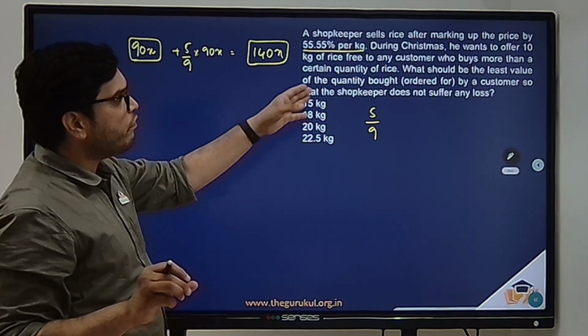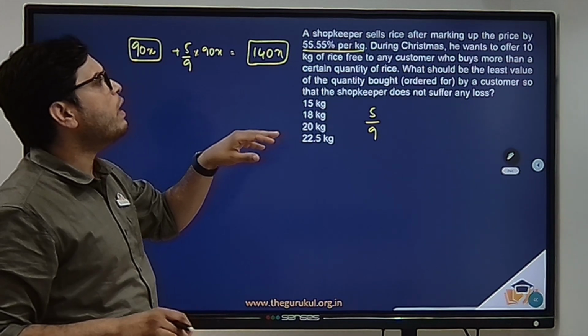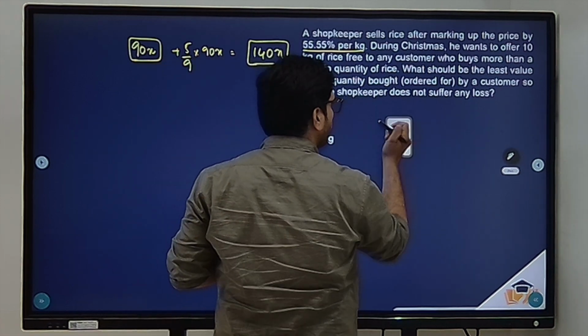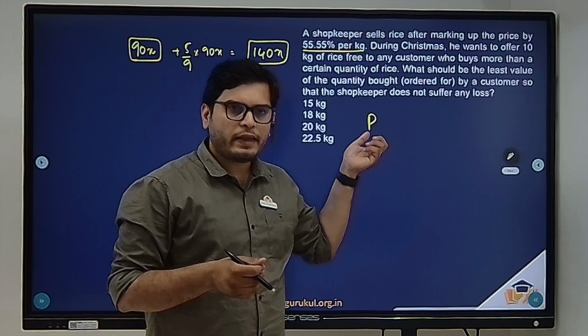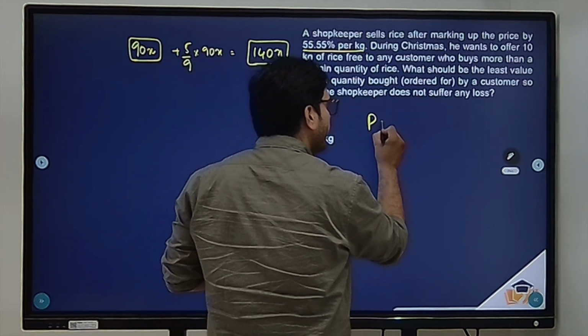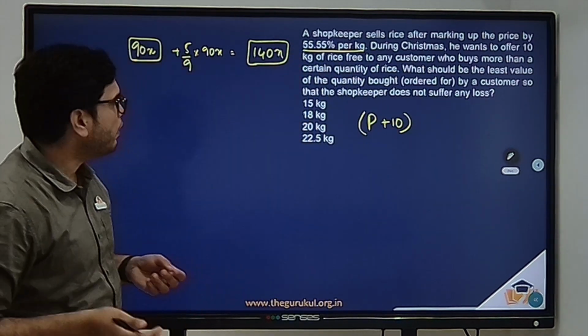Now during Christmas, he wants to offer 10 kg of rice free to any customer who buys more than a certain quantity of rice, right? Let that quantity be P. Okay, when you purchase P kgs of rice, he would be giving you 10 kgs for free. So he would be giving you P plus 10 kgs, right?